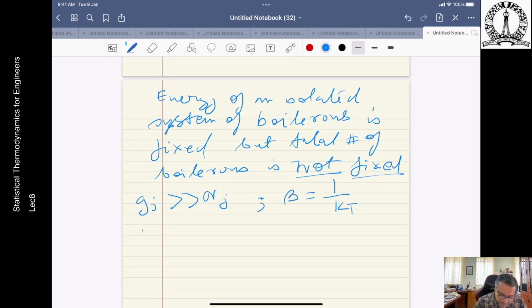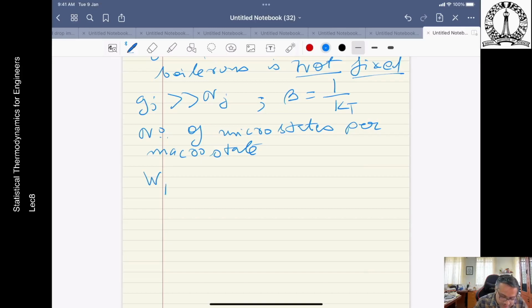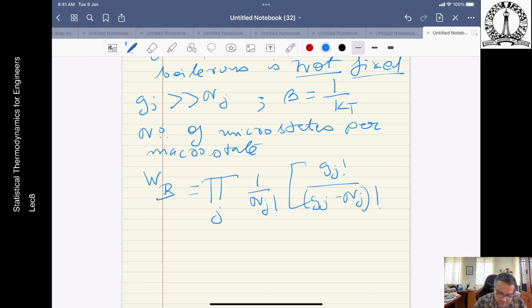Okay, so the number of microstates for such boilerons, microstates per macrostate. How is it given then? It's Wb, multiplicative over J, 1 over Nj factorial, Gj factorial, Gj minus Nj factorial, square.